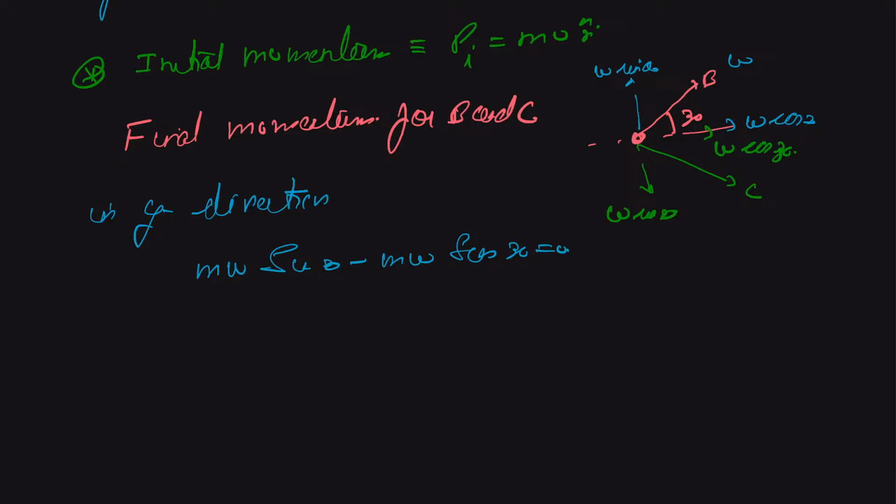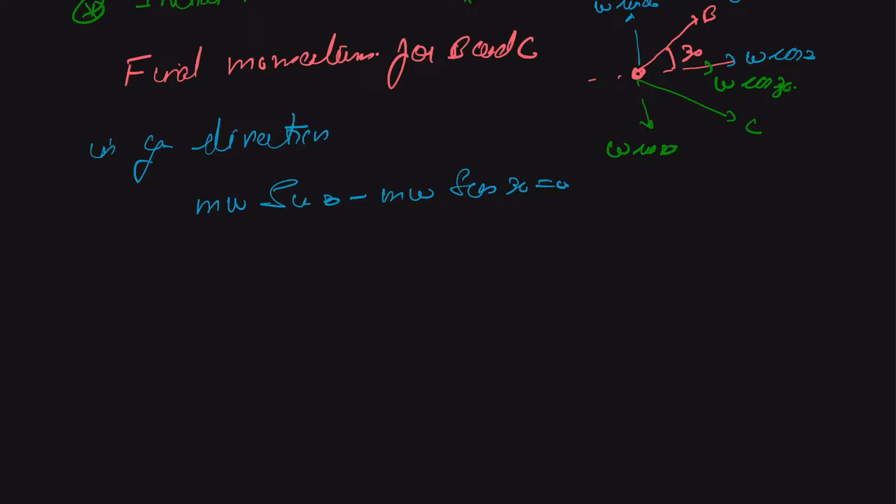So it means ball A's momentum in the y direction should also be equal to 0, or the velocity of A in the y direction is 0.